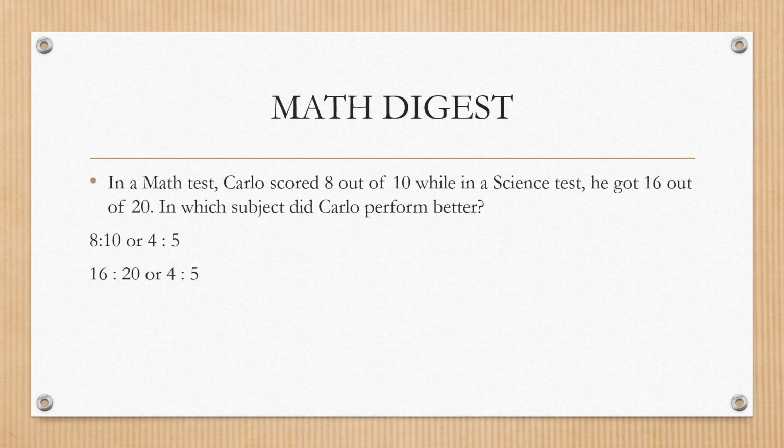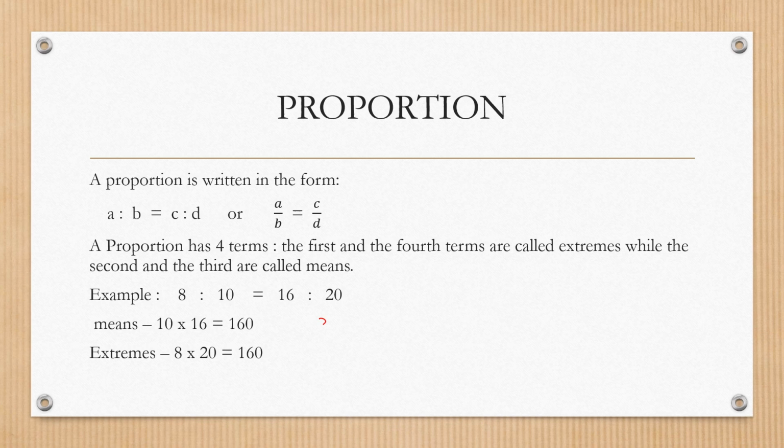Next. A proportion is written in the form of A is to B equals C is to D, or A over B equals C over D. So a proportion has four terms. The first and the fourth terms are called extremes, while the second and the third are called means.